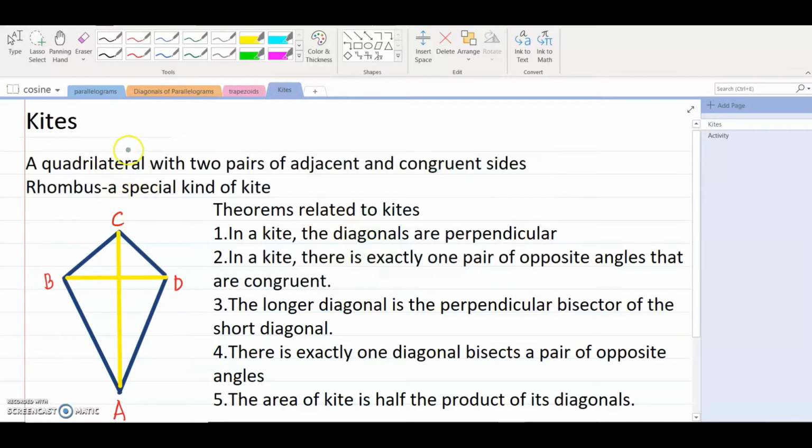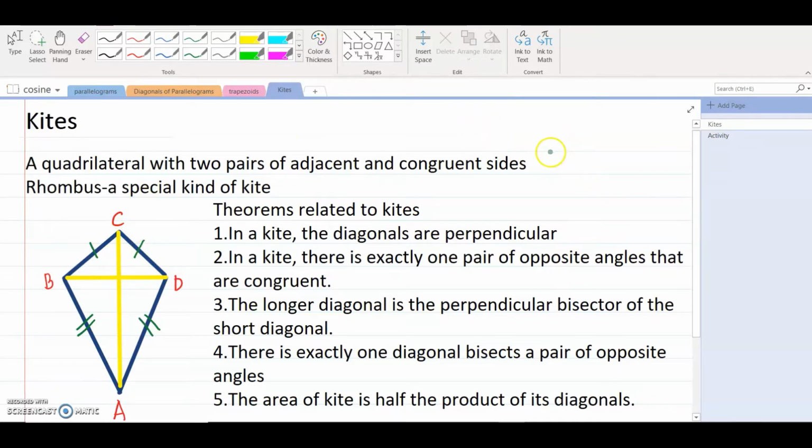The first pair of adjacent congruent sides will be this side and then this side. These are adjacent and congruent sides, and then the other pair will be this side and then this side. Okay, so we have side BC congruent to side CD.